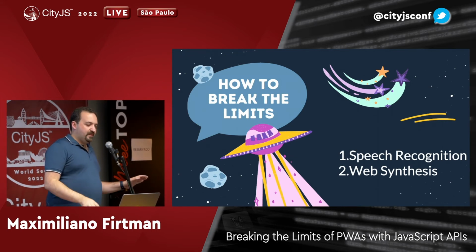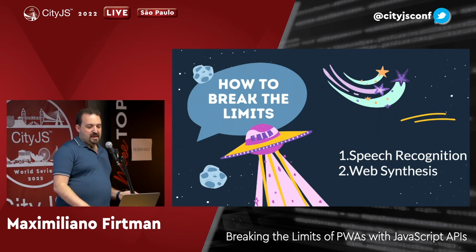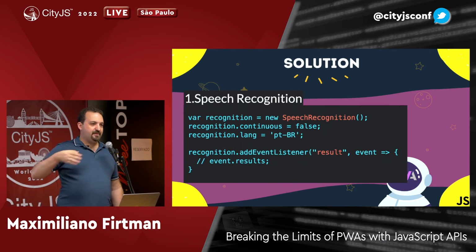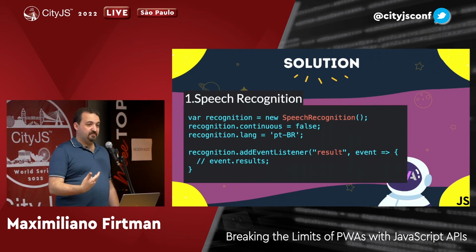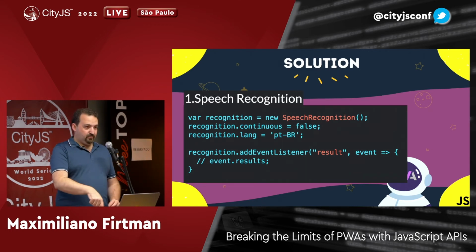Speech recognition and speech synthesis. So with speech recognition, with a very simple API, you can start listening to the microphone, but instead of receiving the raw audio, you will get the transcript text recognized by your phone or your desktop. It works on desktop as well.